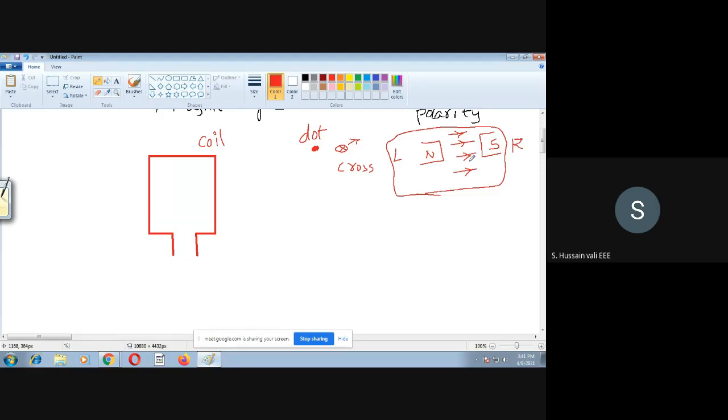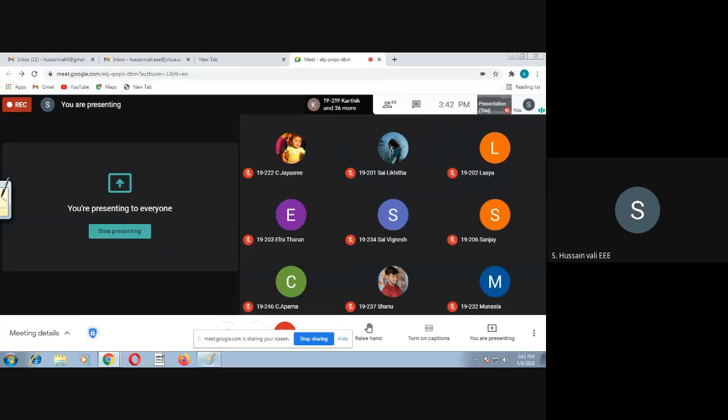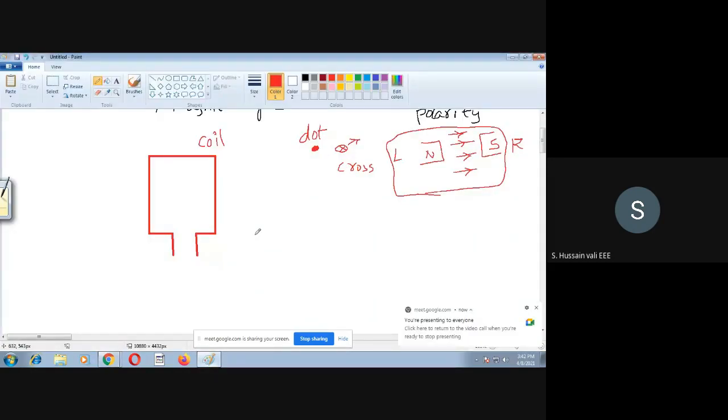So the flux lines always travel through the plane. When they are traveling through the plane, there are two possibilities: either the flux lines are going into the plane, or they are coming out of the screen which you are seeing. If it is coming out of the screen, you represent that as a dot. Otherwise, if it is going into the plane, you represent it as a cross.